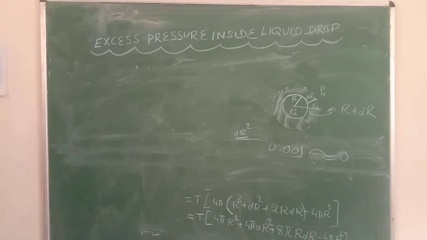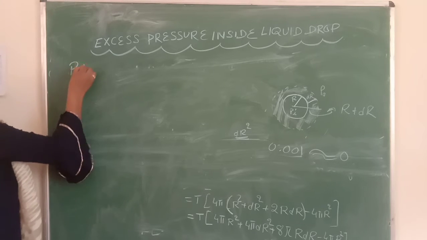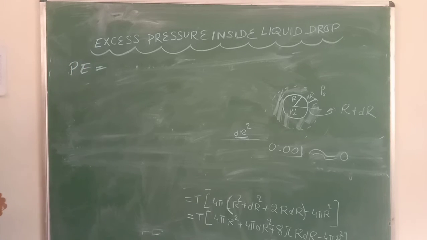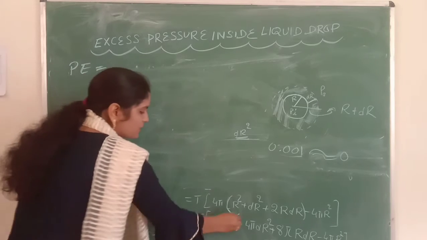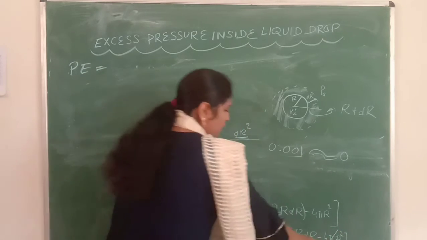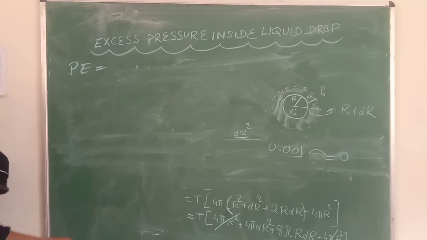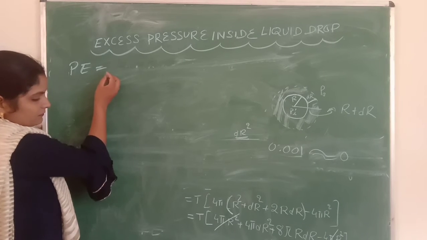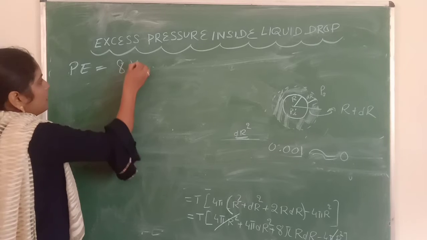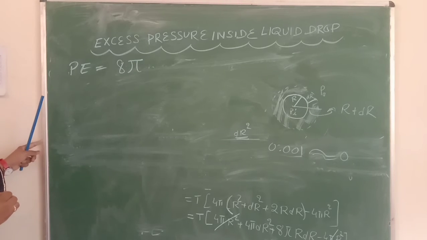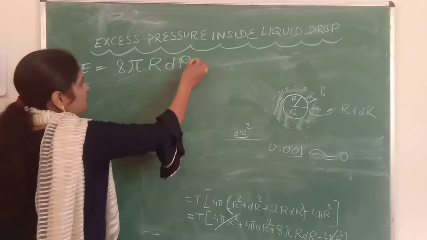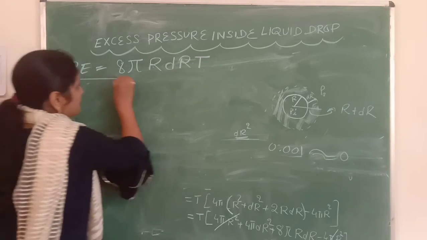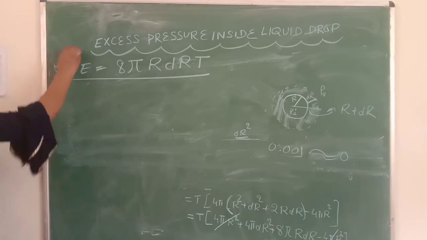So what is left with me, I will write at the top, that potential energy is equal to 4 pi r square, and 4 pi r square will cancel out. So I am left with 8 pi r dr and T. So this is the potential energy expression I got.